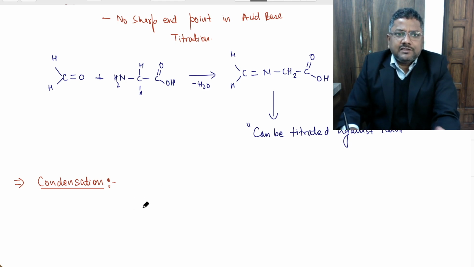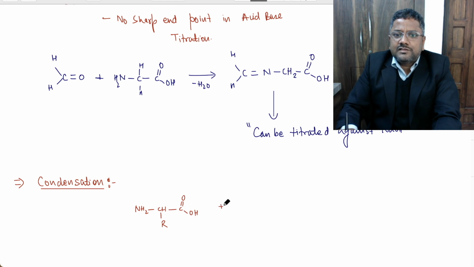Basically this is one step of the preparation of protein, right? So see, the NH2 and COOH groups are condensed. So this is COOH plus NH2 CHR COOH.